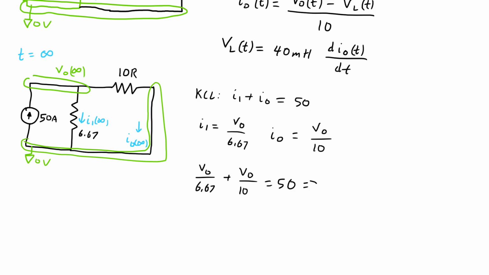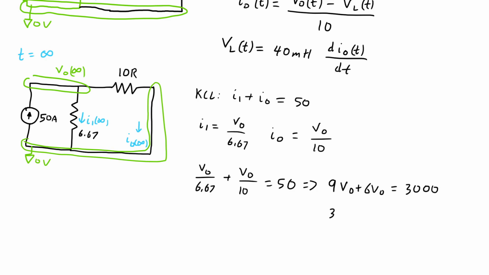So I'll multiply everything here by 60, so that's going to become, let's see, 60 divided by 6.67 is approximately 9, so if you include all the digits, it'll be 9 VO plus 6 VO equals 3,000.